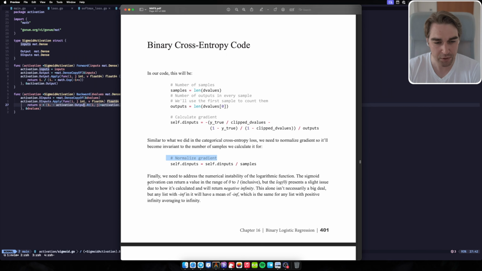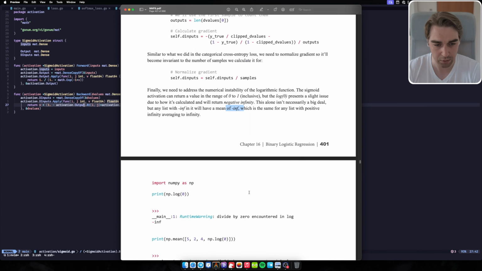The sigmoid activation can return a value in the range of 0 to 1 inclusive, but can you get the 0? Due to how it's calculated it can, and the logarithm will return negative infinity. This alone isn't necessarily a big deal, but any list with minus infinity will have a mean of minus infinity, which is the same for any list with positive infinity.